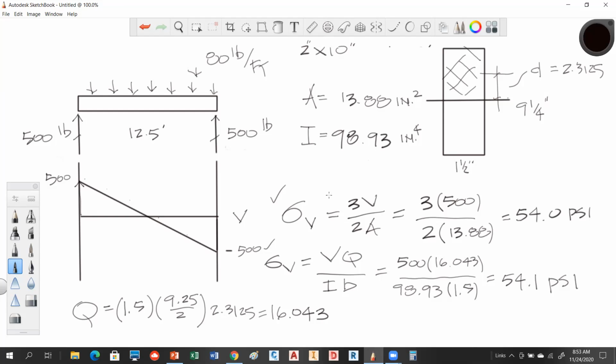I would rather use this equation. It's a heck of a lot easier. Okay. In order to get this right, you have to get Q correct. Q's the hard guy.